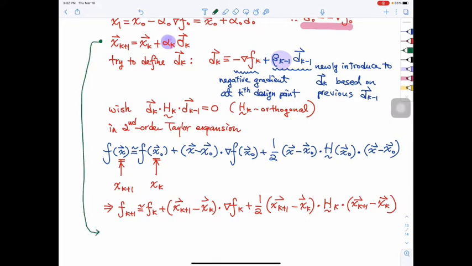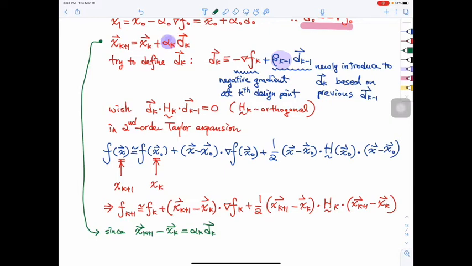This equation tells us x_{k+1} minus x_k equals alpha_k d_k, right? We know this. Then we can replace many terms inside our second order derivative.